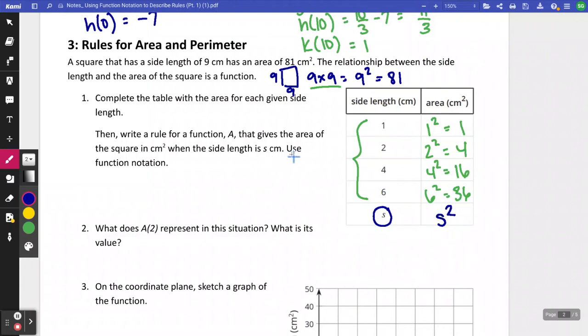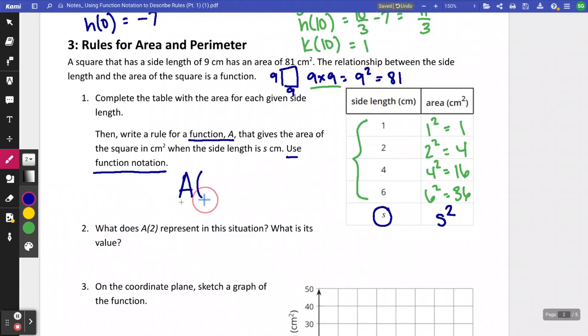This right here is what I need in order to help me use function notation to describe this. We are told here that the function is named a. That is going to be important because we said earlier the name of the function is what comes first. So I'm going to start off by writing this is function a.